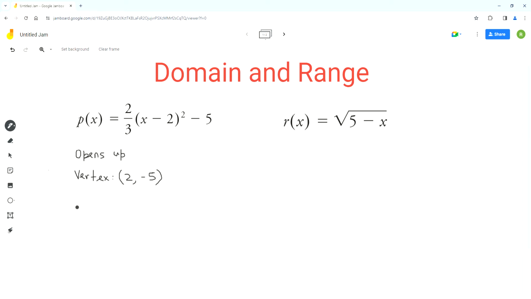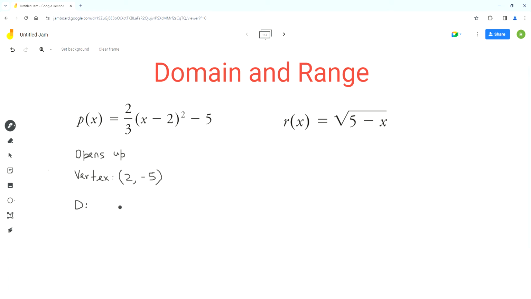So let's start with the domain. Now the domain refers to the set of all possible x values for the function. A parabola is a graph that keeps getting wider as we move along the parabola. So as a result, it spans the whole x-axis.